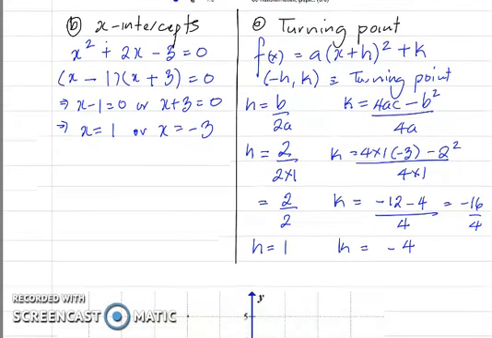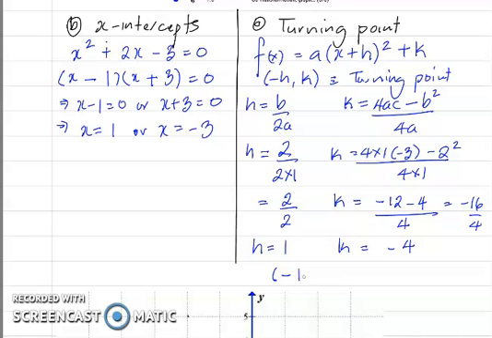So minus h, k, so it's minus 1, minus 4. That is the minimum turning point, min TP, minimum turning point.